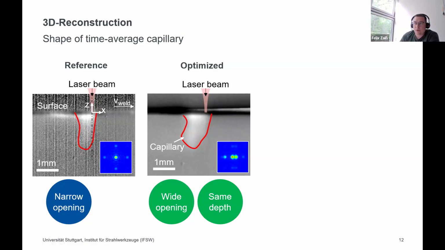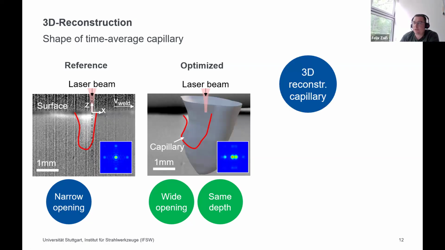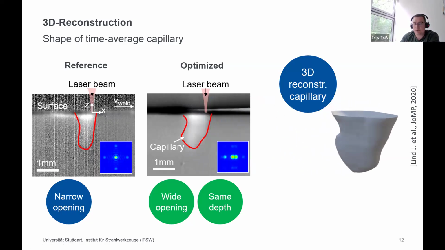So we now have the X-ray recordings, and from these we then get an information based on the gray values or the pixel values of the cavity. So with this information, we can then three-dimensionally reconstruct the shape of the capillary, which is what we do since, I guess, 2017.